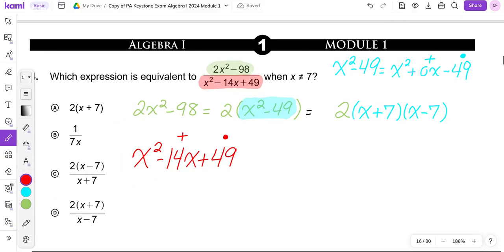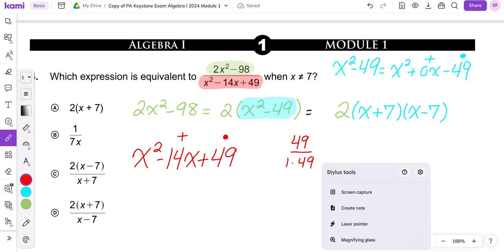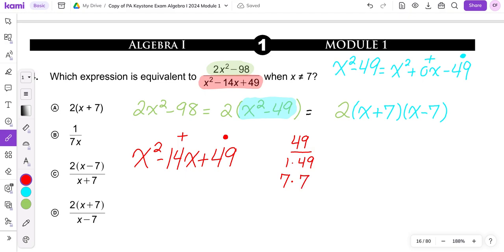Well, if we break up 49, 49 is the same thing as 1 times 49 and 7 times 7. We could also do the reverses of that, which would be negative 1 times negative 49 and negative 7 times negative 7.